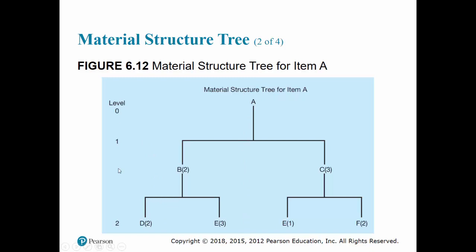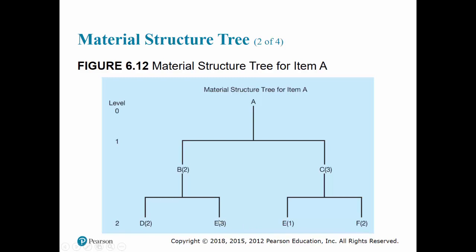In other words, the largest level number. What is the deepest level at which an item appears? That would be better terminology. So here the deepest level is 0. Here the deepest level for B and C is 1. For D, E and F it is 2.